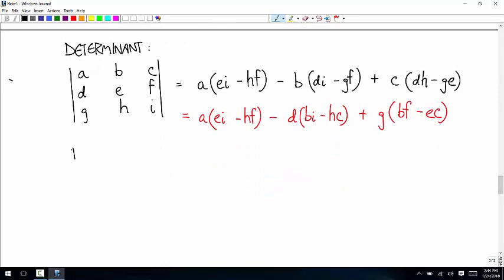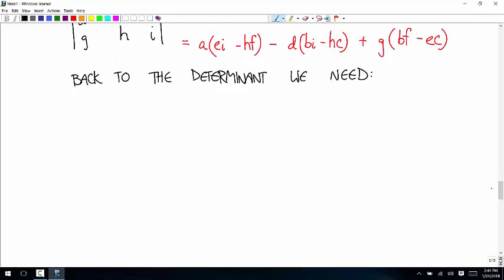so back to our determinant. You get this ugly thing.